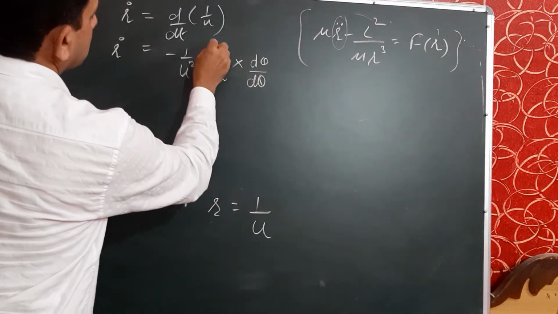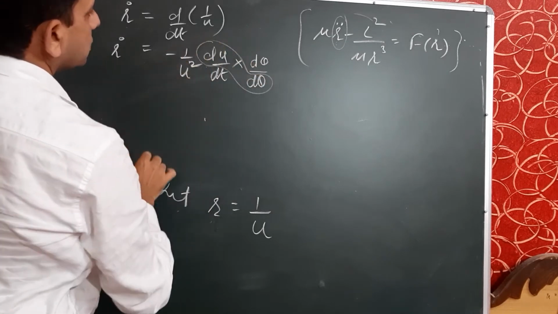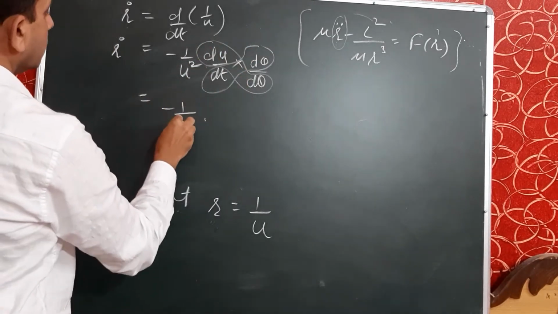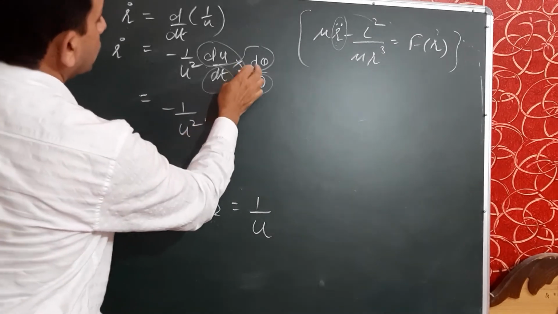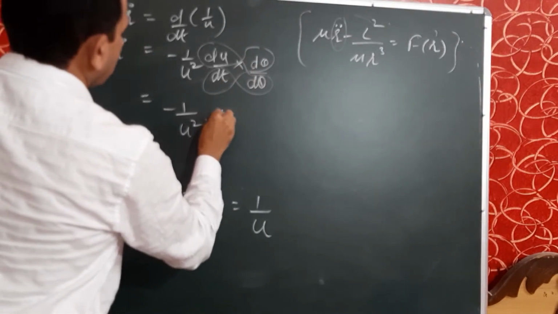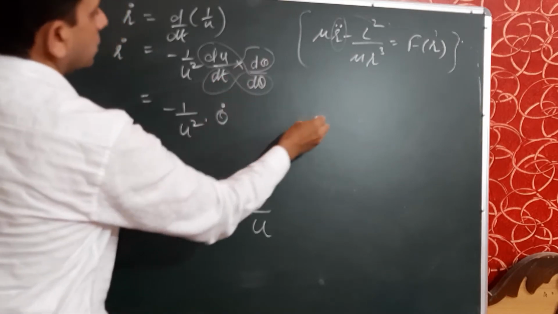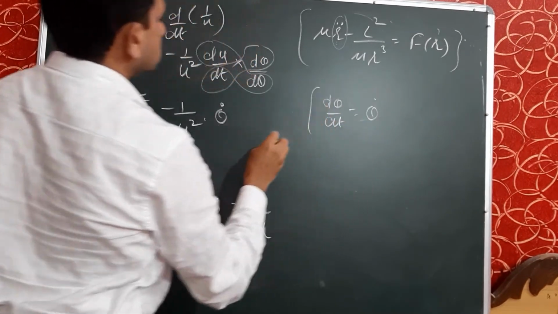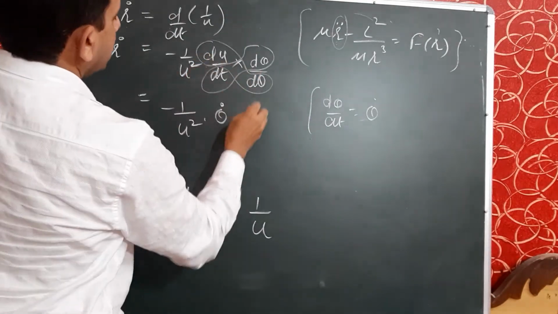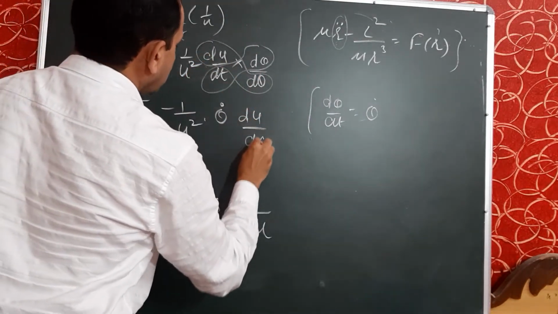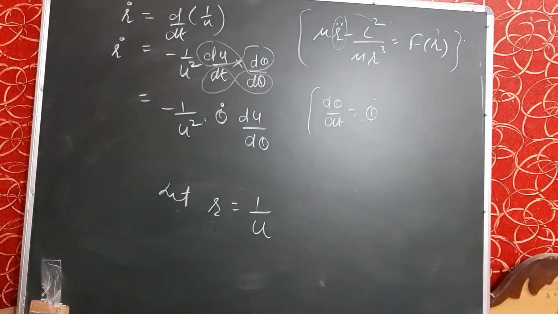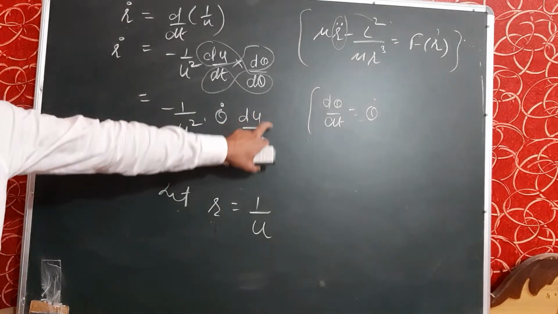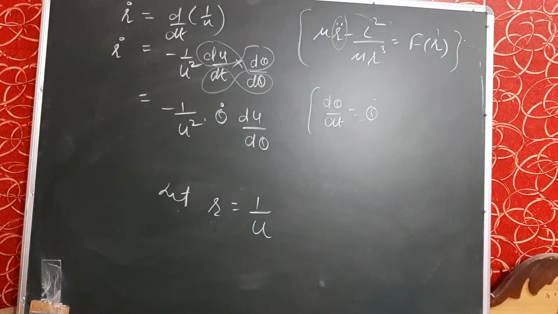Then we will make the pairs like this and it will become minus 1 by u square into theta dot, because d theta by dt is theta dot, and du by d theta. So, this r dot is written in u theta form.